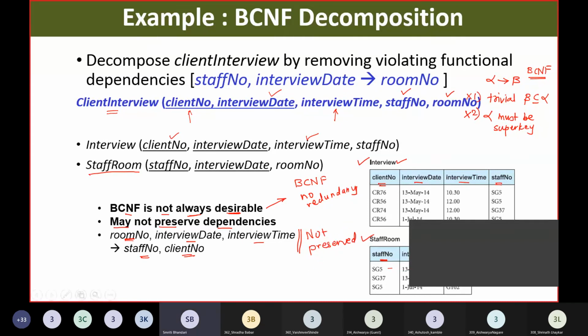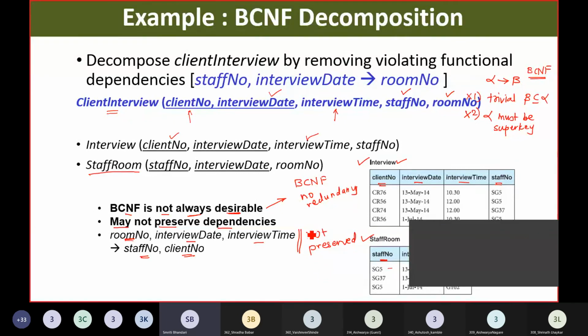Right? So, the disadvantage of BCNF is that sometimes a few of the dependencies are not preserved. And to check for those dependencies, we need to compute the joins, and while computing the joins, we may incur some overhead. Right?